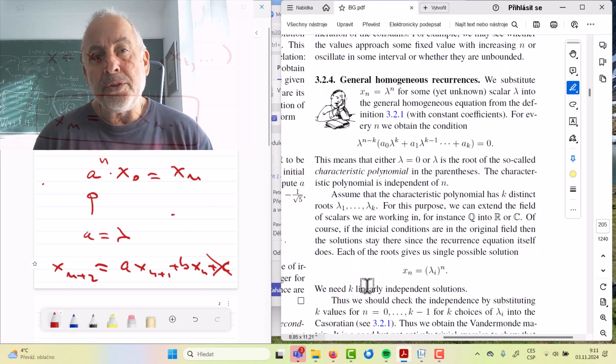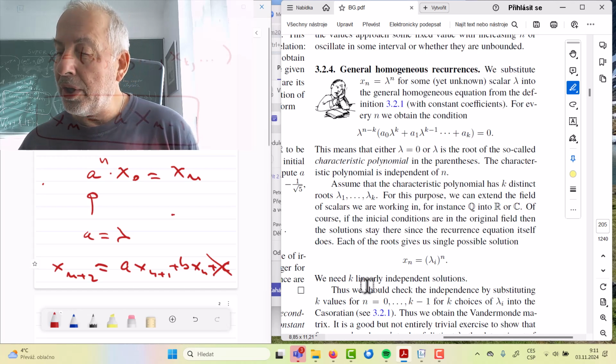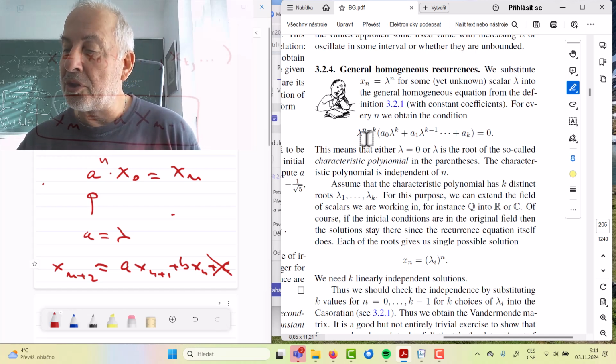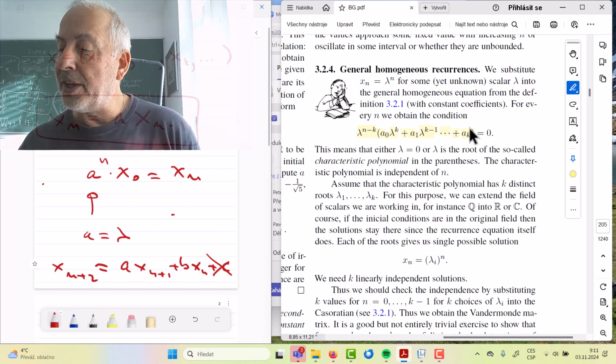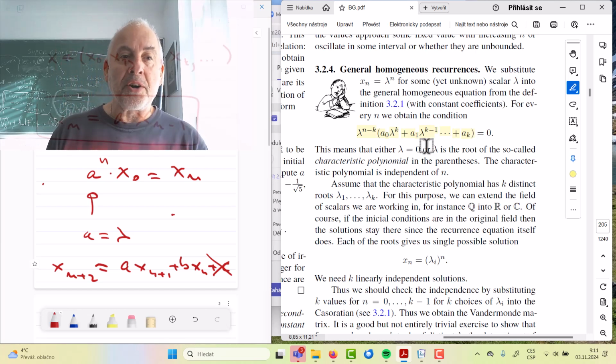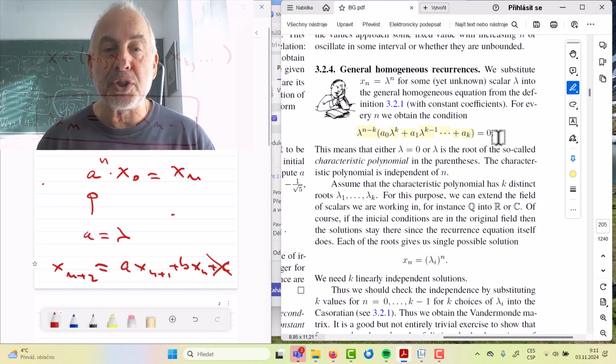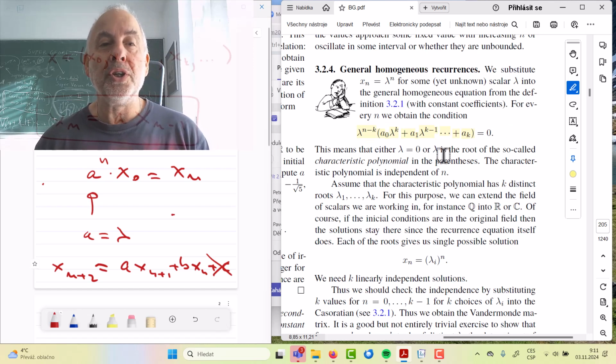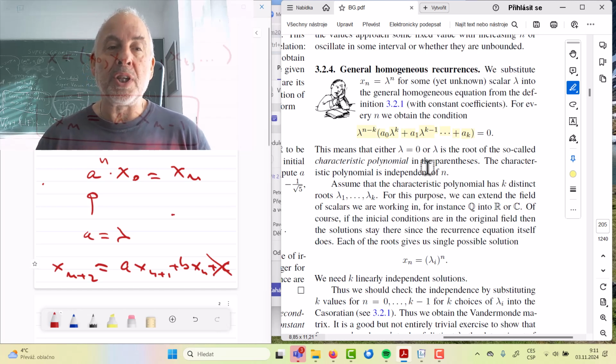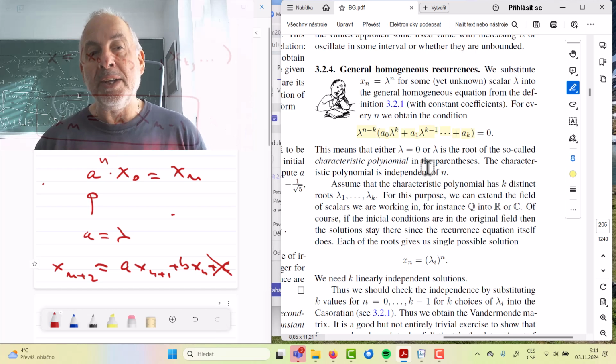Right, and this scheme which we just saw at the second order works in general. So if you have a k-th order linear recurrence with constant coefficients, you immediately see that the vector space of all the solutions will contain the solutions lambda to the power n for the nth term, and the lambda must be a root of this k-th order polynomial then.